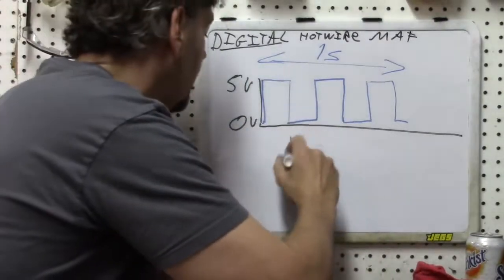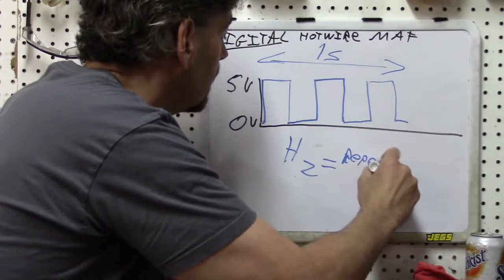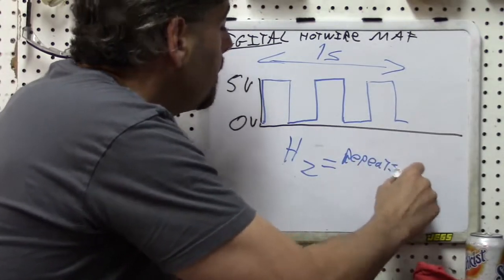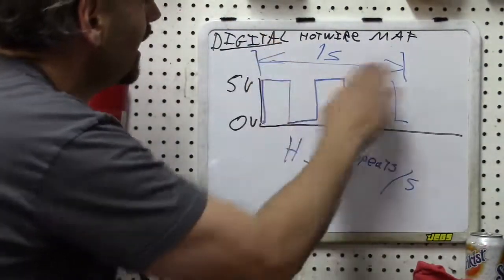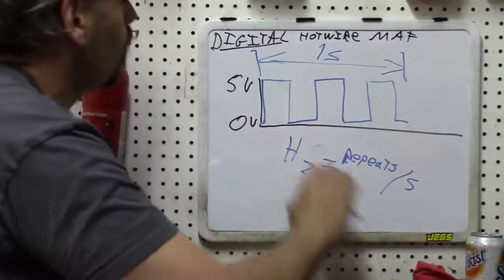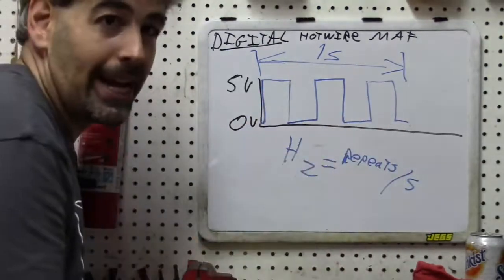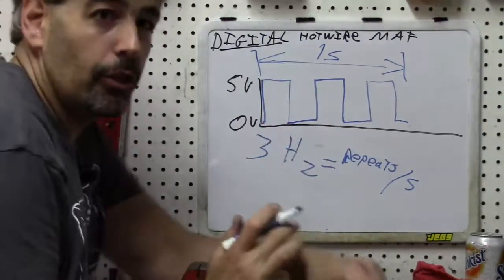So a hertz is the repeats of signal per second. In this example, if this was a 1 second time frame, starting from the same repeat point, we would have 1, 2, 3 repeats of the signal. So this signal here is a 3 hertz.